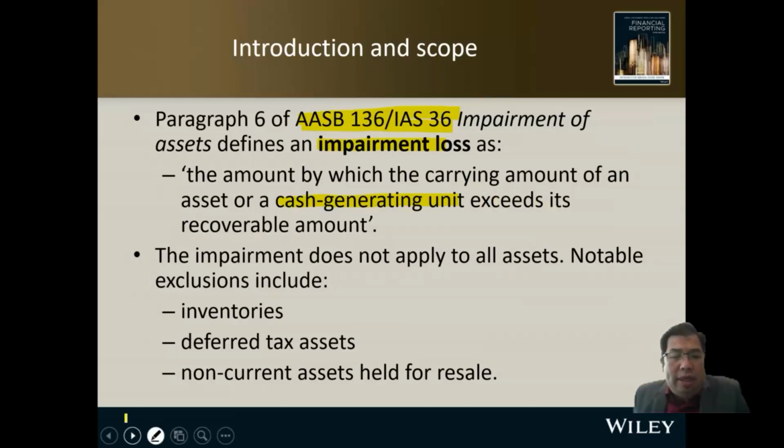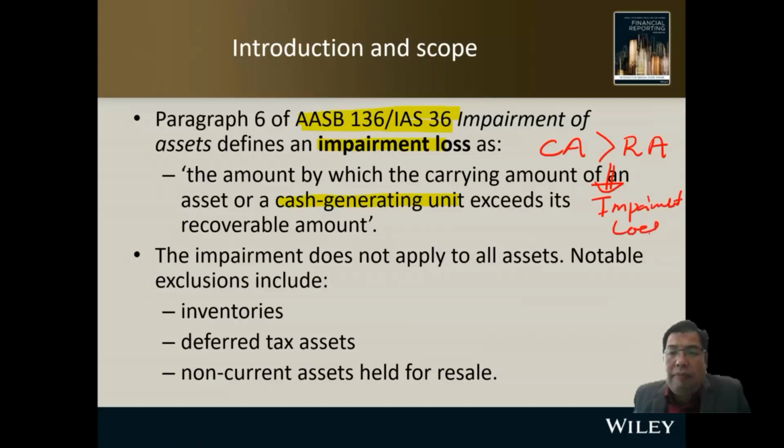What does it mean? It means that the carrying amount, your record, is greater than the recoverable amount. So in this situation, we're going to have impairment loss.